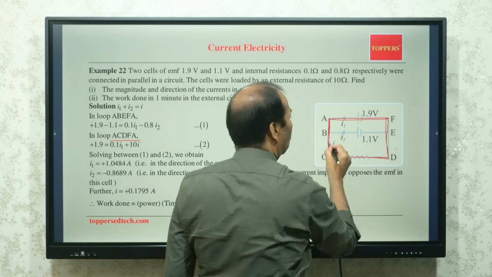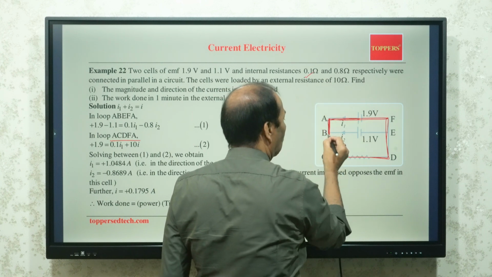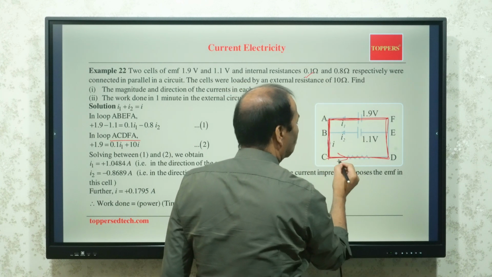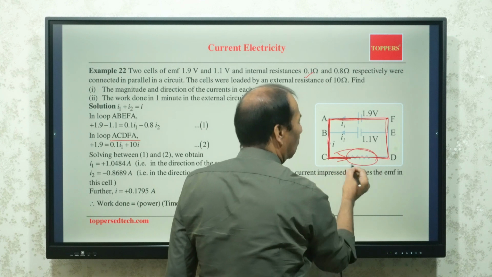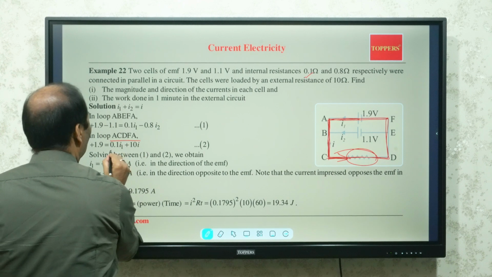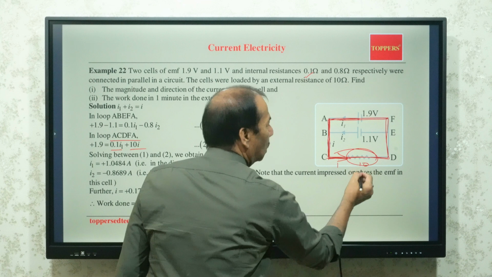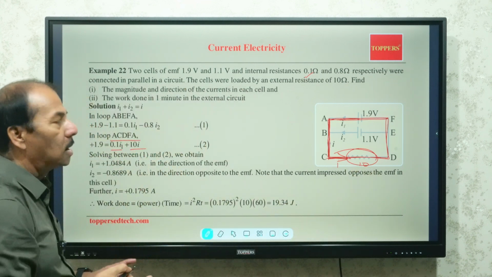In this bigger one, you can say again I1 into 0.1 this side. Here the total current I flows through this R, the 10 ohm resistance that is given. So you can consider again 0.1 into I1 plus 10 into I, because here it is I and this is 10.